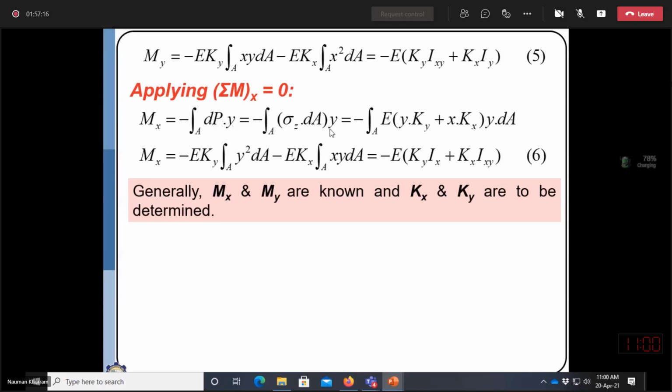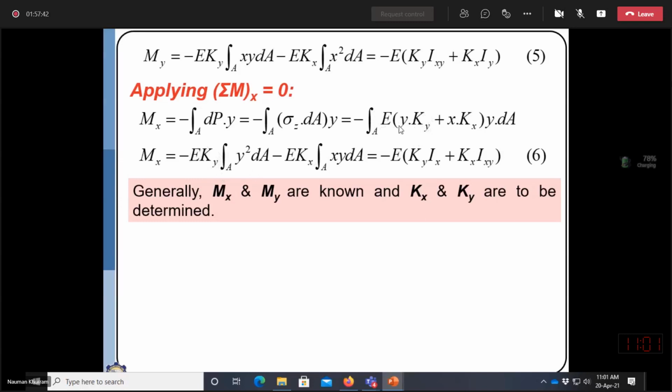Substitute the value of dp, which is equal to sigma z into dA. Sigma z value we have already derived, which is equal to E into y into ky plus x into kx. So when we open up the bracket, E and ky can be taken as a constant.